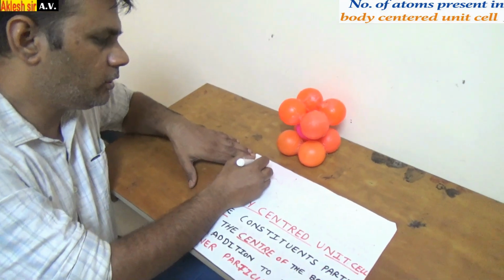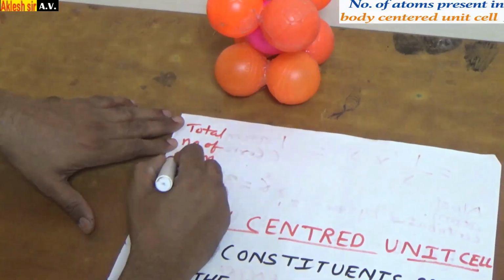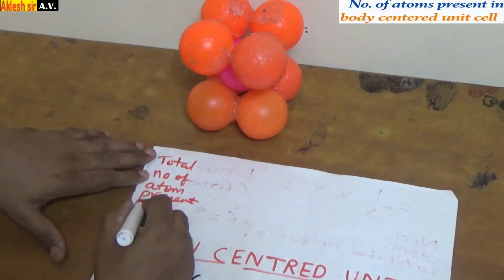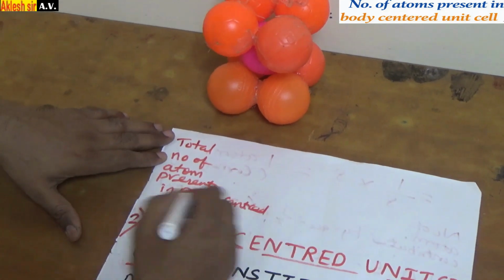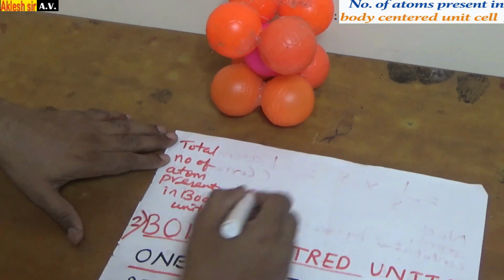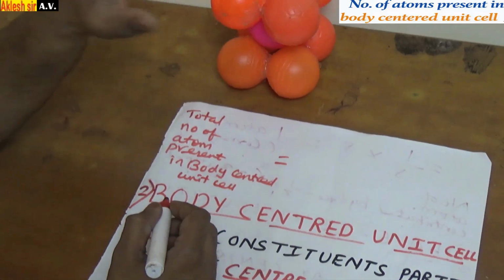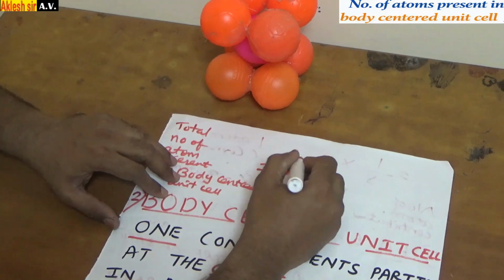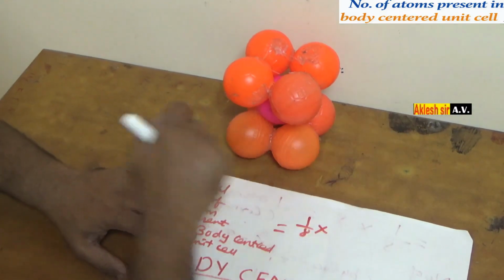So the total number of atoms present in a body-centered unit cell is equal to, see here, each corner contributes 1/8, so I will write here 1/8. How many corners are there? 1, 2, 3, 4, 5, 6, 7 and 8.